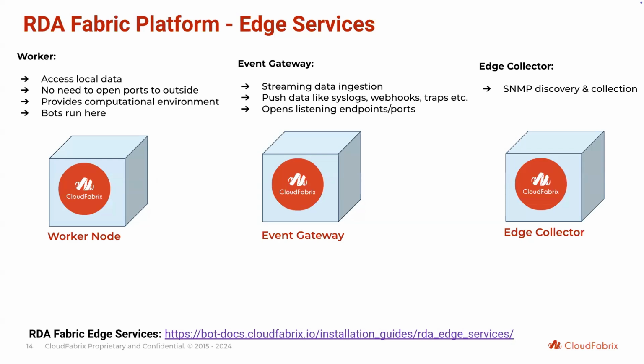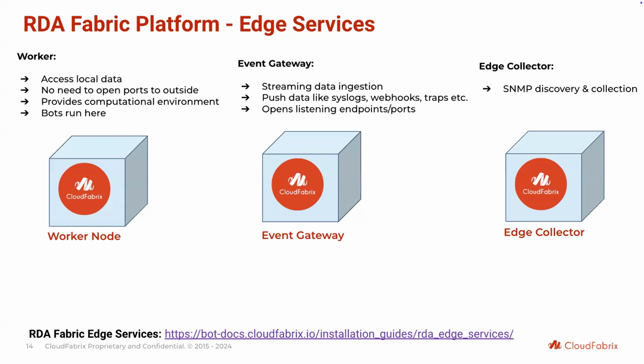And the pipelines can be pinned down using the affinity rules to execute on the designated site workers, to be able to collect the data from the infrastructure which is local to those workers.